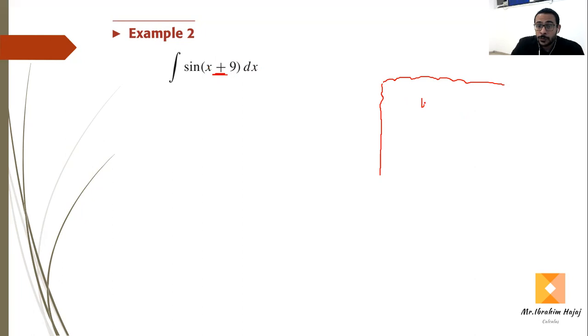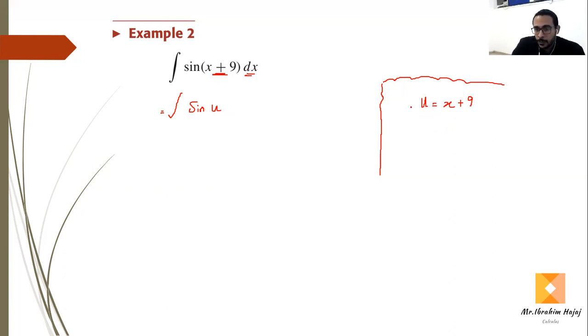I put u equals what now? I'd like to hear you guys. x plus 9. And then if we write here the integral of sine of x plus 9, we're going to replace it by u and dx. Can I write here dx with u? I have two variables, sine u, and we are finding the integral with respect to x, and we have u, two different variables? No, of course.